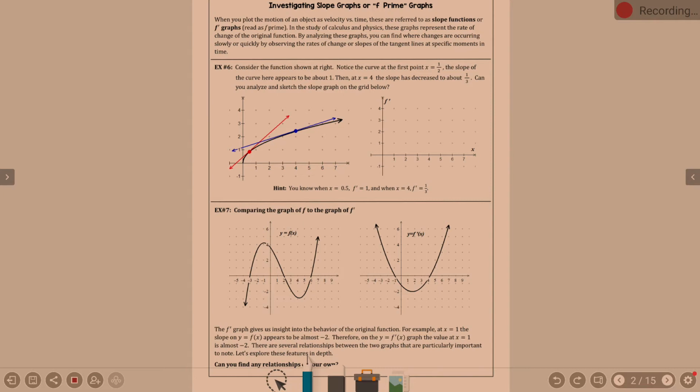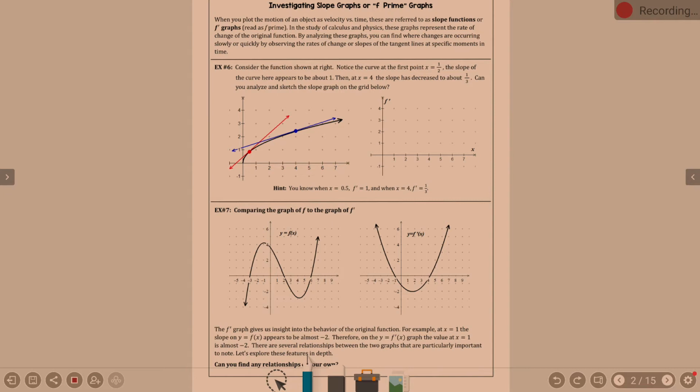Investigating slope graphs, or F prime graphs. So this is a big AP thing where they'll give you a graph of the actual function, or they might give you a graph of the slope, or we'll eventually talk about something called second derivatives, and that has to do with concavity.